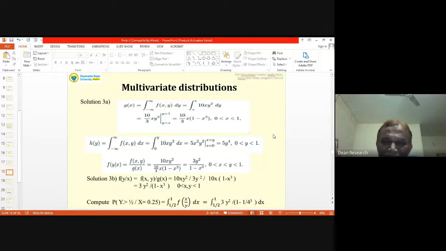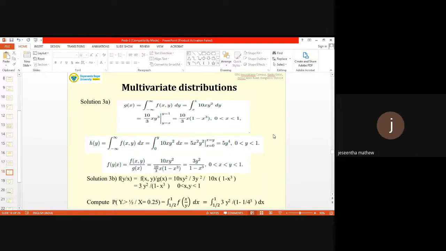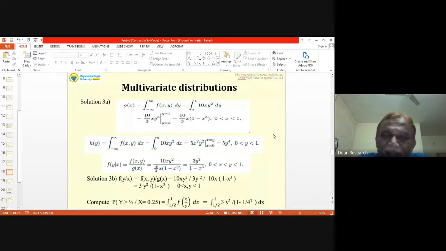See, sir, here f of y given x, then how do we get here 10xy square, sir? That I did not understand. Okay, let me explain in brief. 10xy square, right?